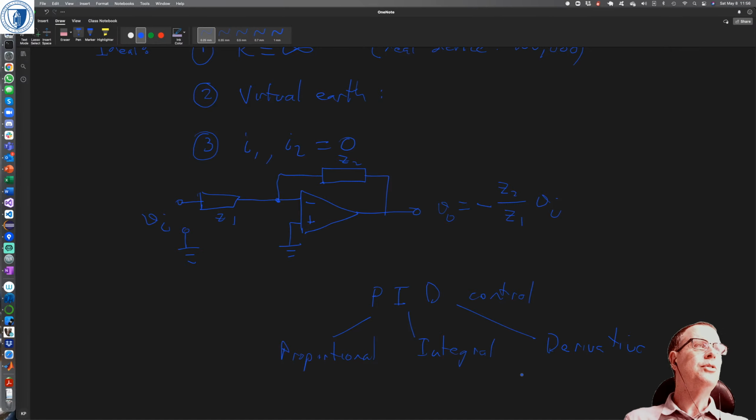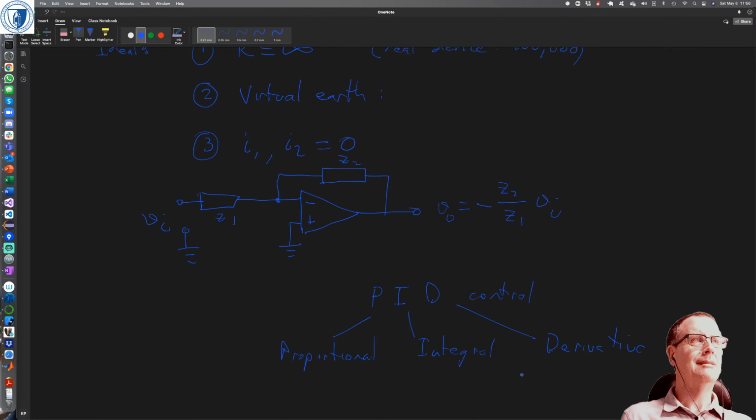And so it used to be, before the advent of computers that could do all of this, they could do the sampling and then the analog to digital conversion and then digital to analog conversion. Before the advent of those, a PID controller was basically a little bit more complicated, but it was basically 3 op amps, maybe 4 to sum everything up.